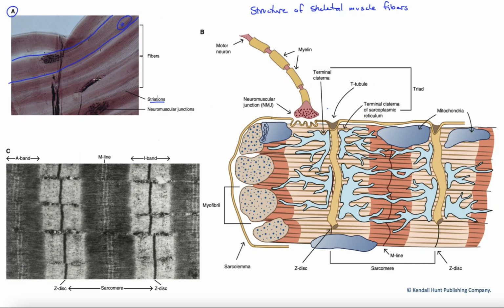Something else we see here are the neuromuscular junctions. We see several of them, actually. There's one here, there's another one over here. These are enormous synapses that are meant to convey a stimulatory signal. In other words, a single action potential traveling along the axon, down to this motor end plate, the synapse.